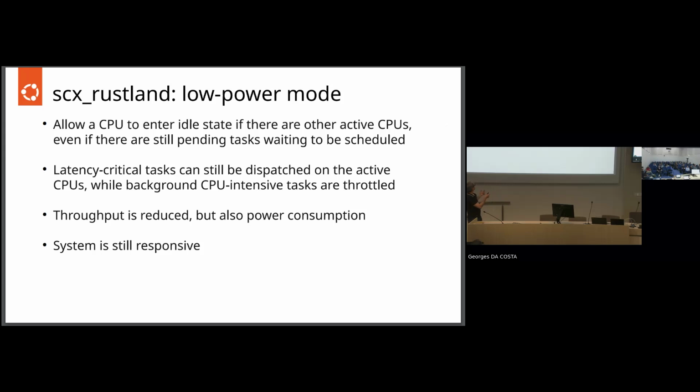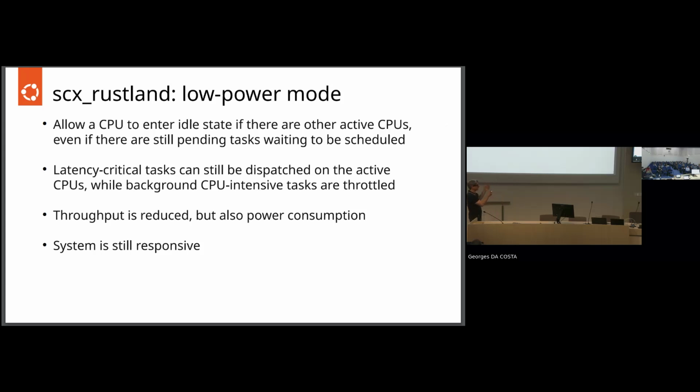The problem was that I was allowing CPUs to enter idle state even if I had tasks queued waiting to be scheduled. I was like, okay, that's a bug. But at the same time, I can still have fairly good responsiveness if I allow some CPUs to just go idle, assuming that there are other CPUs active, because otherwise everyone will go idle, of course, and the system would just freeze.